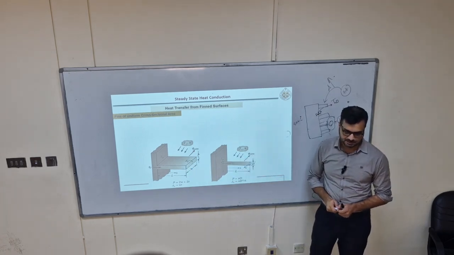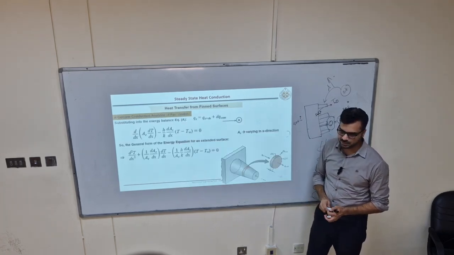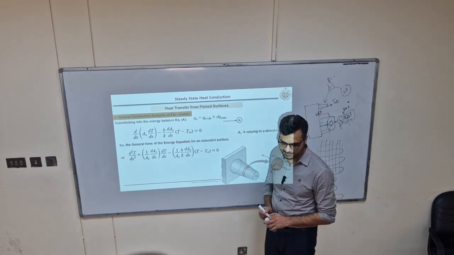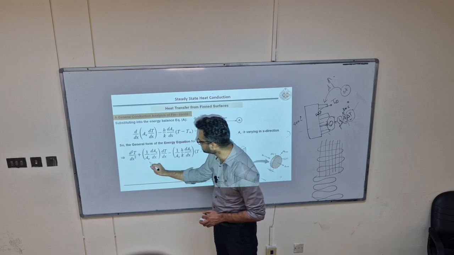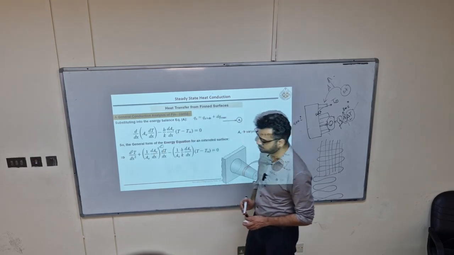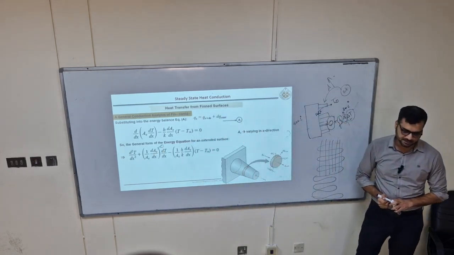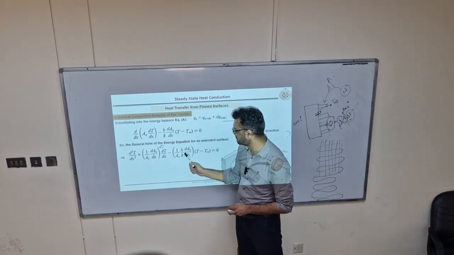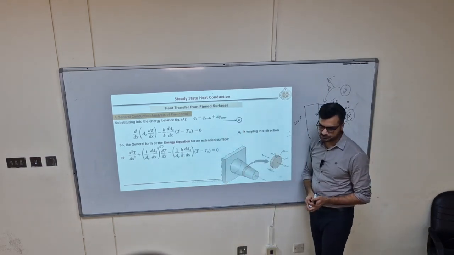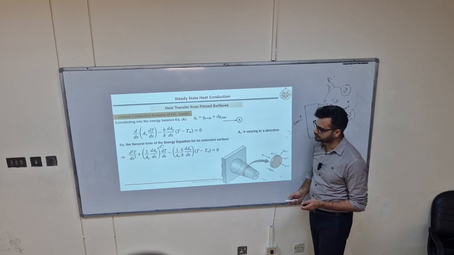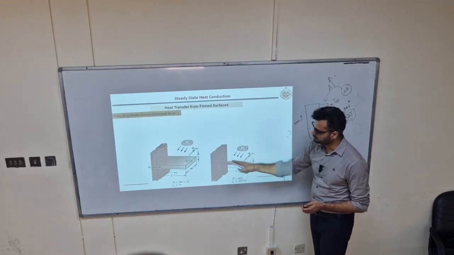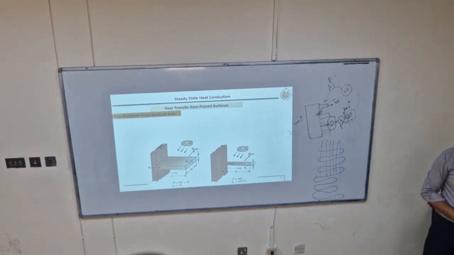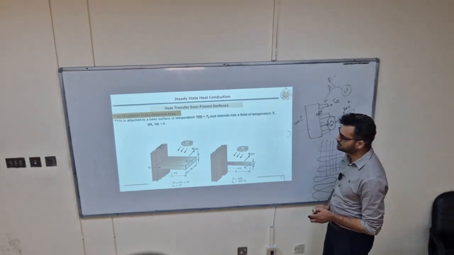What this will do is make our life a bit easier, because this term, the change in cross-sectional area with respect to x, is 0. So now we are left with two terms.